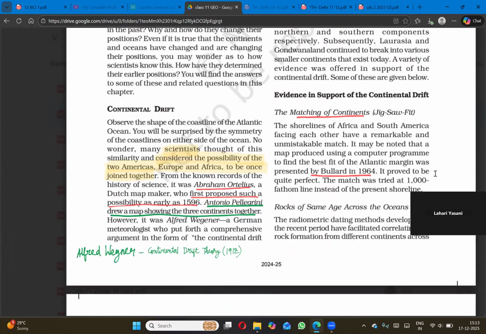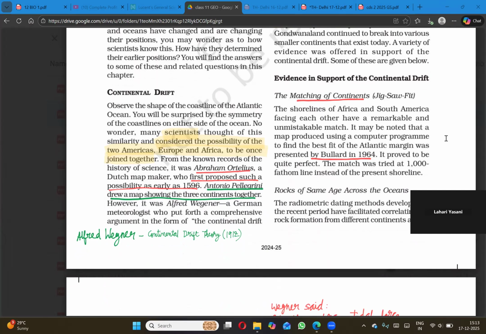Now we see different evidences or different proofs that can support the continental drift theory. First one is the matching of continents, as we have seen earlier, the jigsaw fit of the Americas with Europe and South Africa.